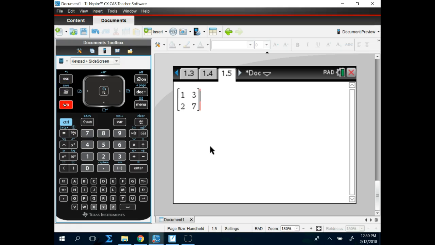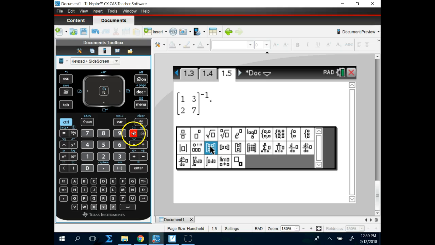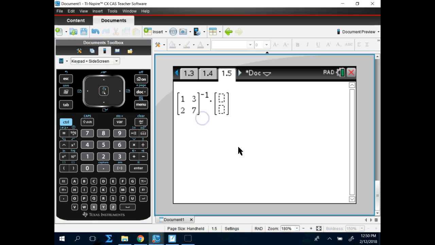I need to take the inverse of that times my 2 by 1 matrix of negative 2, negative 6.